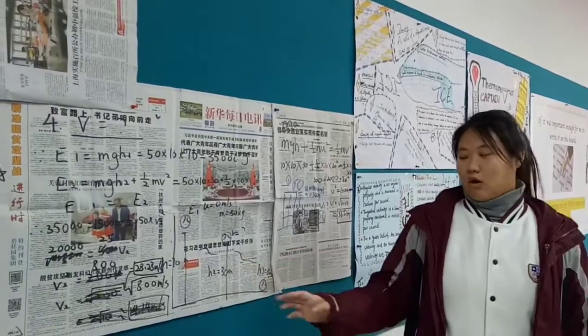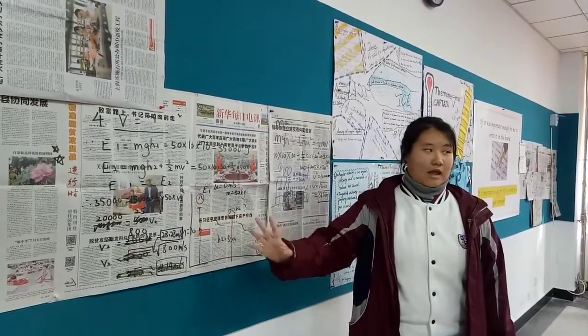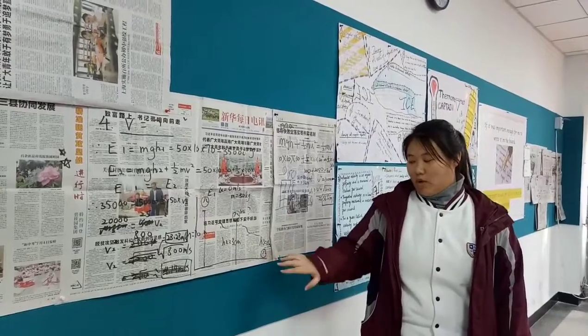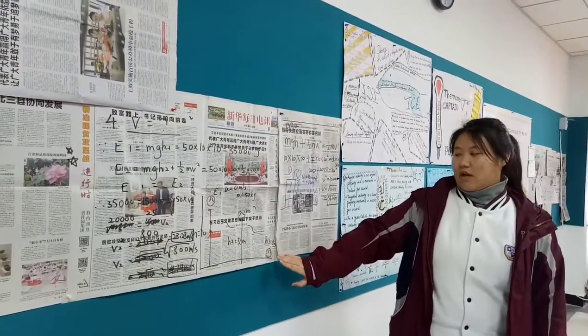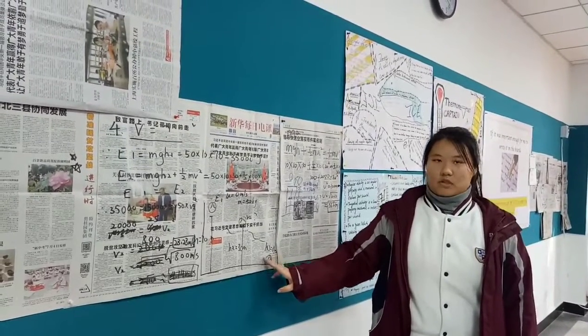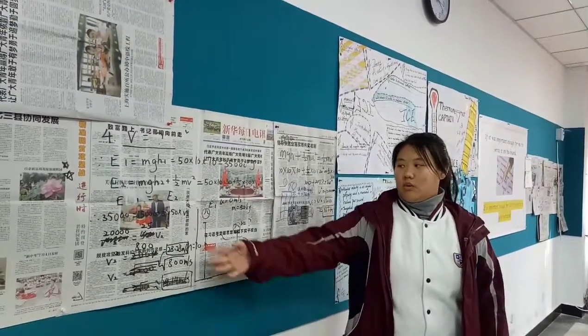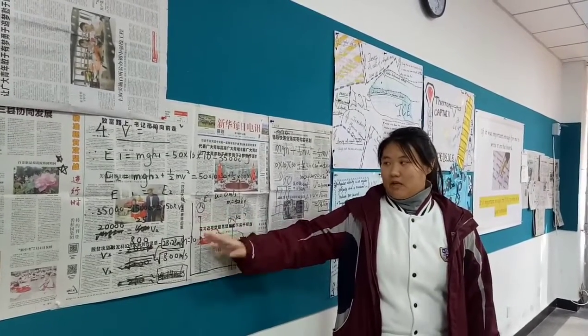But we can only use E1 to get E2. Why? Because we don't know E3. E3 only has the total mechanical energy; if we want the kinetic energy, we have to know the final velocity, but we don't know it. So we use the mechanical energy in position 1.